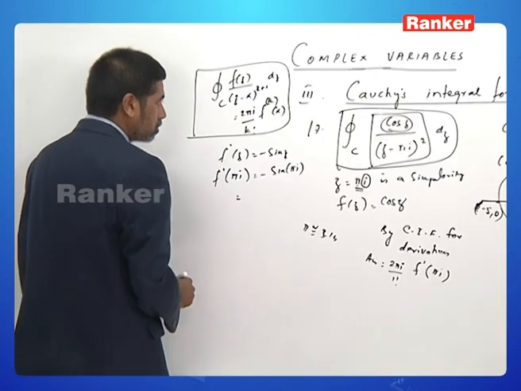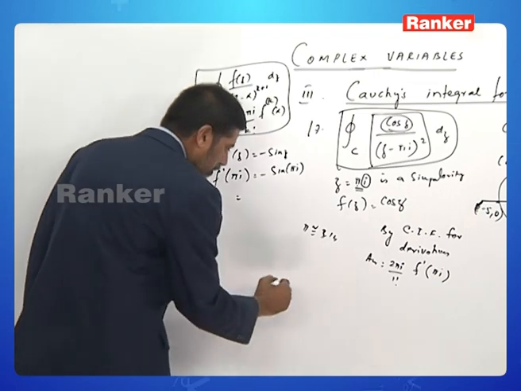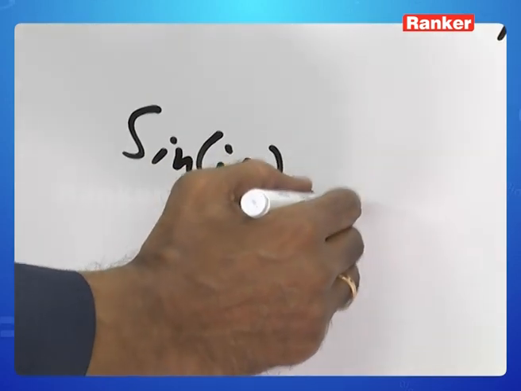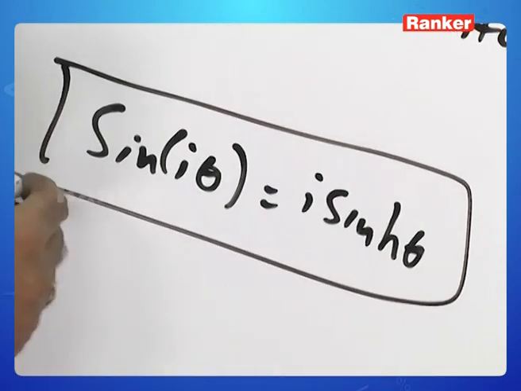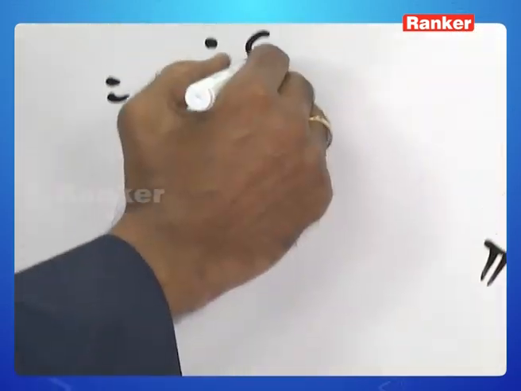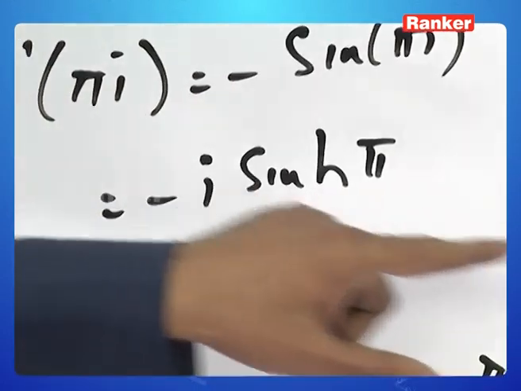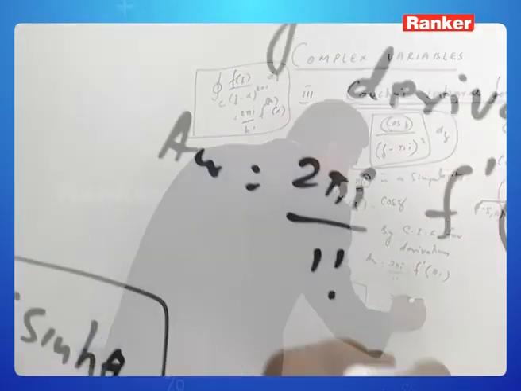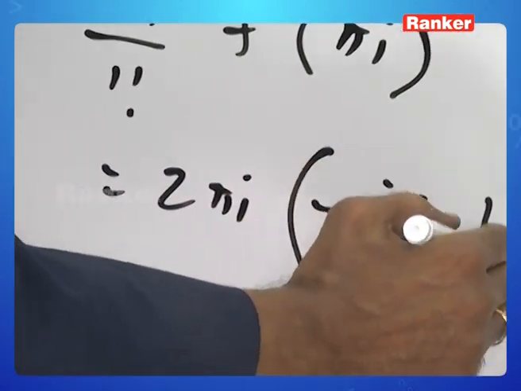But you know that there is a very important relation which says sin I theta is equal to I sin hyperbolic theta. Accordingly, you will get minus I sin hyperbolic pi. So, when you substitute this into the function here, you will get 2 pi I into minus I sin hyperbolic pi.